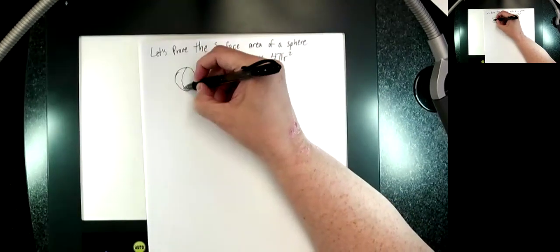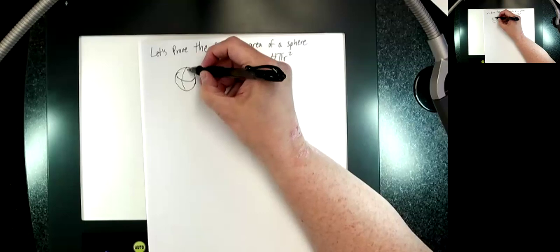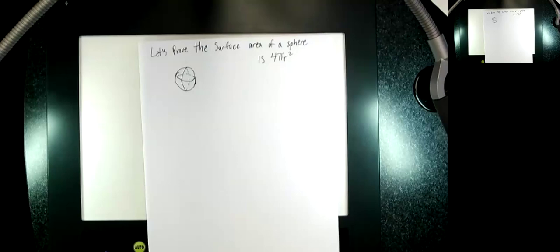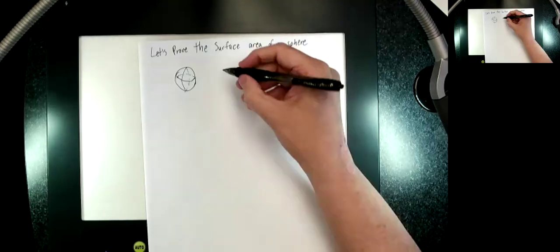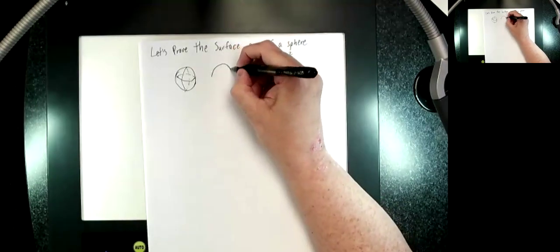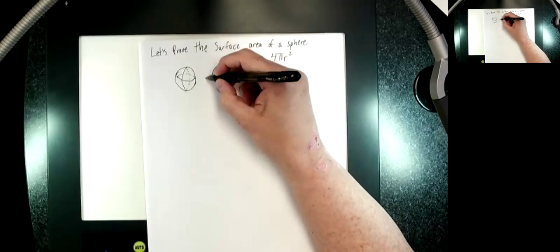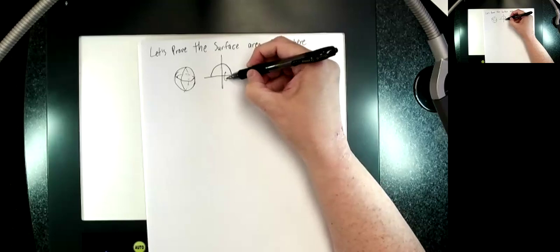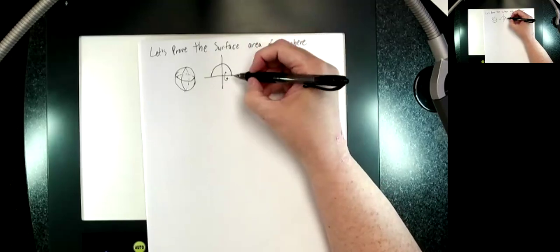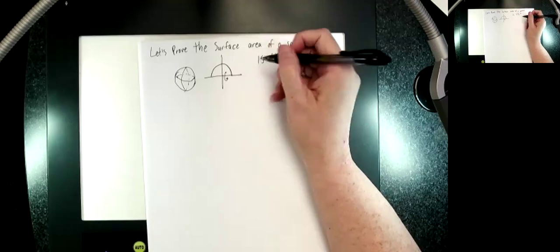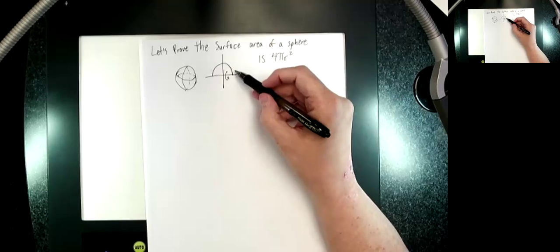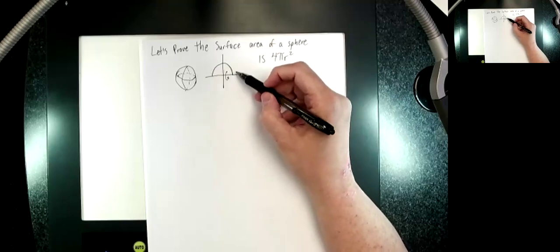So, you know, good old sphere, we got a ball. One way we could do it is if we take a half sphere and rotate it around x. Does that make sense? Well, in 2D, a sphere is a circle, right?